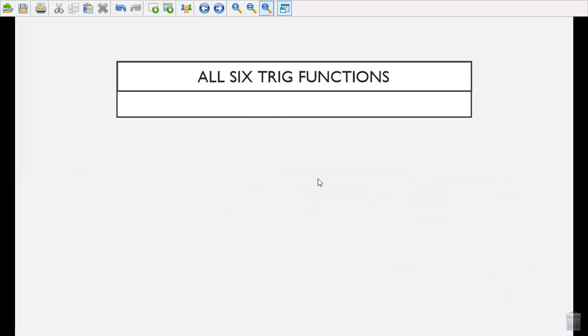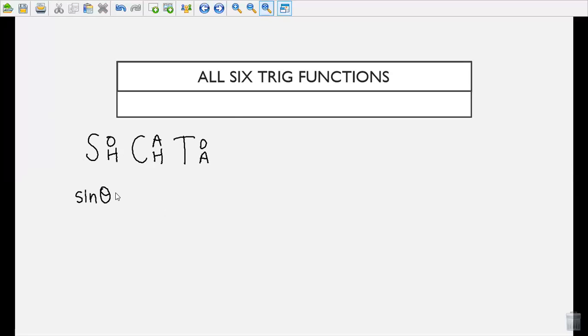We also want to review our 6 trig functions that we've seen in our last video. All right, so we know the normal ones where we have our SOHCAHTOA, sine, cosine, and tangent. All right, and you have to have that memorized. So we've got sine, and we're just going to use theta as my variable.